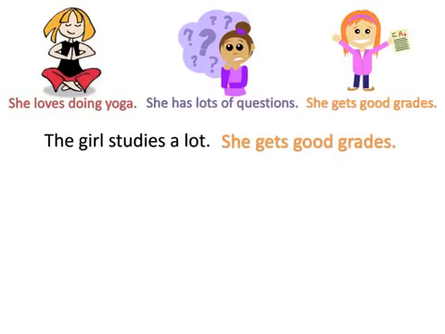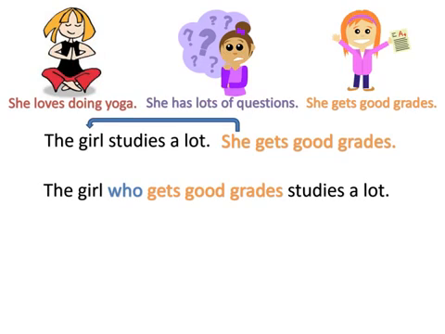So if we say she gets good grades, we can still use this as an adjective clause, but we must notice that the subject pronoun she in the second sentence refers back to the girl, which is now the subject of the main sentence. This means your adjective clause must follow the girl.